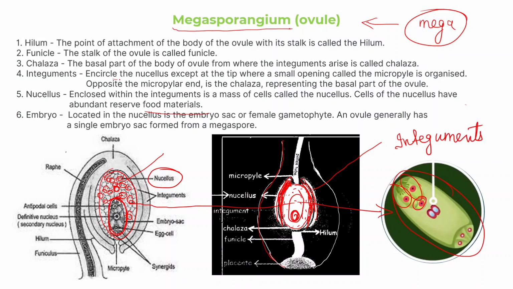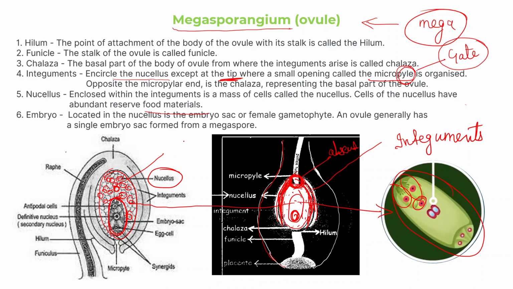They encircle the nucellus except at the tip. On close observation, you could see that at some point this layer is not forming. There is a portion where this layer is absent, and that point is known as micropyle. Pyle means gate, a Greek word. What is this gate thing?